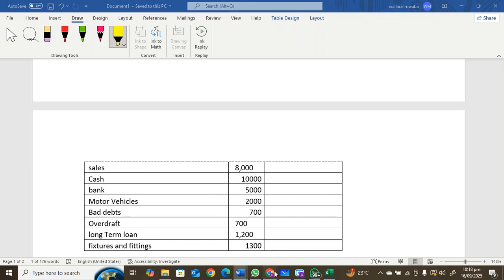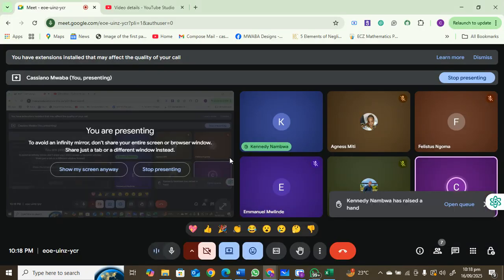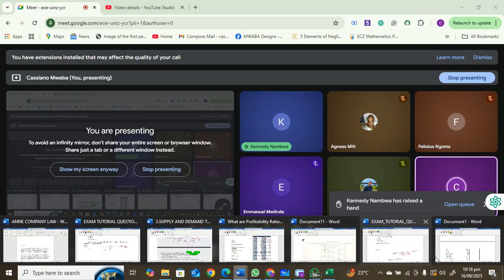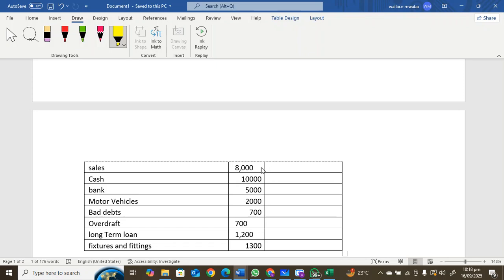Mr. Peter, you're selling cement and you sell 70 bags. What will you refer to that as? Yes, sales revenue. So revenue and income, credit side. So we have to move this 8,000 to the credit side.